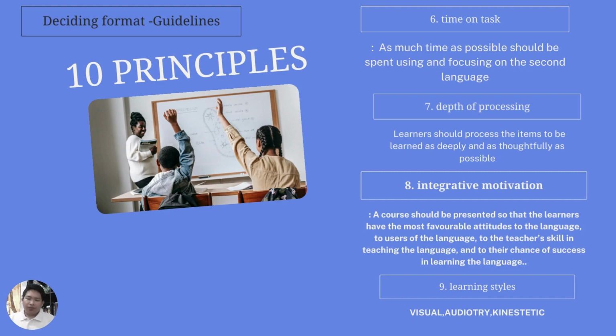And we have to pay attention to the students with the visual learning style, who are the students with the auditory learning style, and who are the students with the kinesthetic learning style.